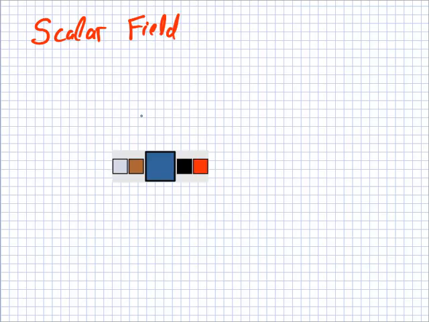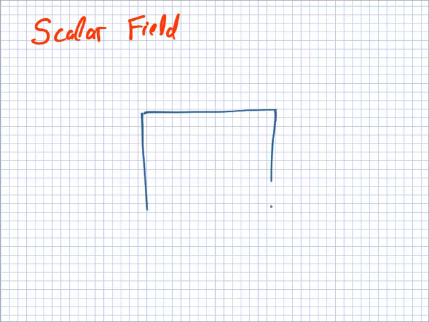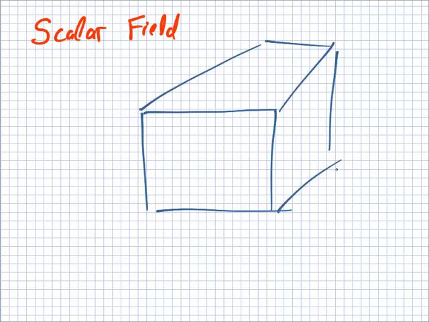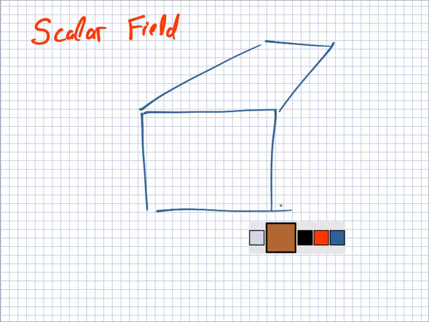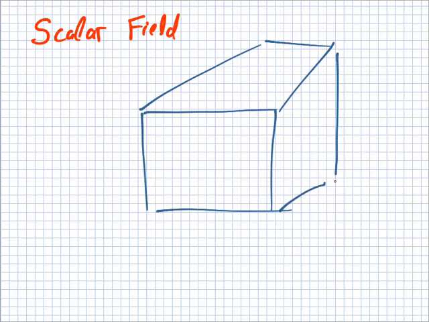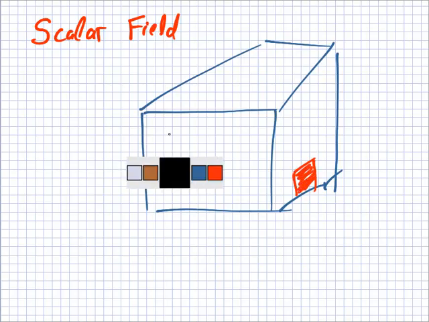Let's imagine we have a room, and let's say the room is at 20 Celsius. But of course not everywhere in the room is 20 Celsius. Imagine I have a heater here. And imagine I have a window here.